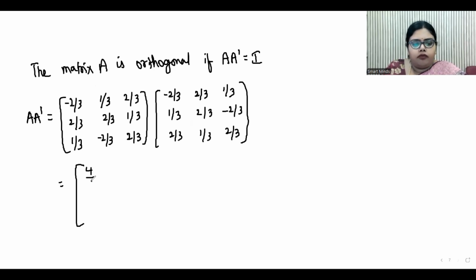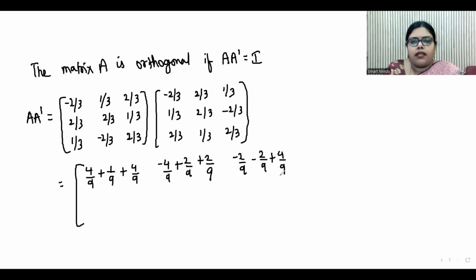So you will get 4 by 9 plus 1 by 9 plus 4 by 9. Then minus 4 by 9 plus 2 by 9 plus 2 by 9. So first row we are multiplying with first column, then second column, then third column. So here you will get minus 2 by 9 minus 2 by 9 plus 4 by 9.